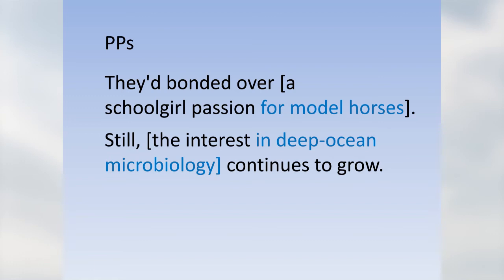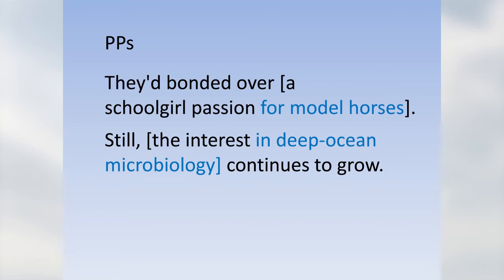Passion is stronger. But look at the second sentence, the interest in deep ocean microbiology. Notice that you can't say a schoolgirl passion in model horses. And you can't say a schoolgirl interest for model horses.